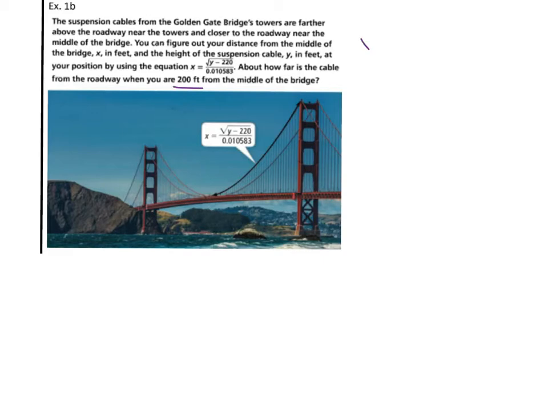So x is where you are in relation to the middle, and y is actually the height of the cable at that location. If you are 200 feet from the middle and we're trying to figure out how high up the suspension cable is, we plug in x equals 200. And this really just becomes an equation to simplify for y from there.